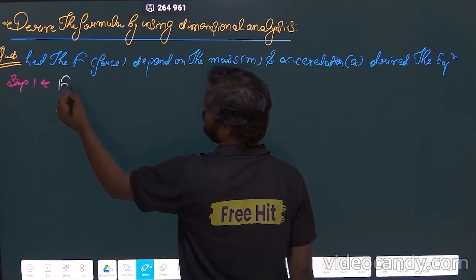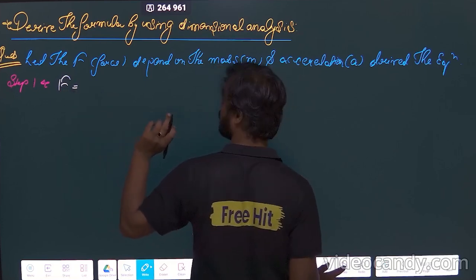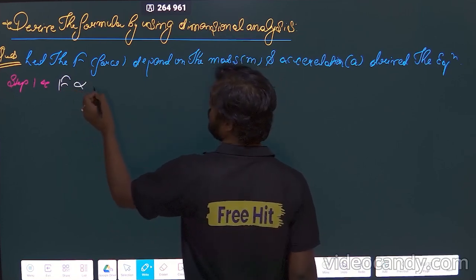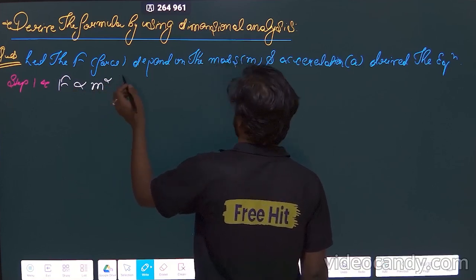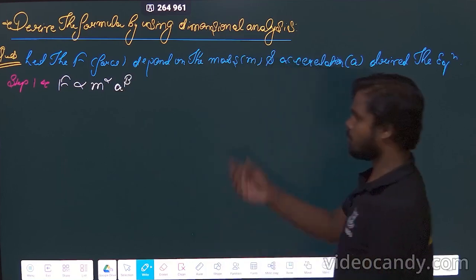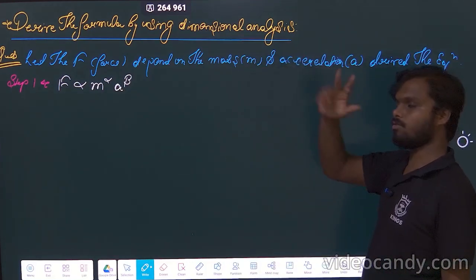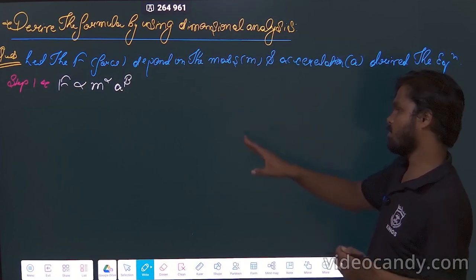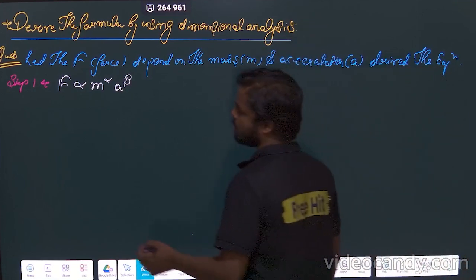Let force be directly proportional to m to the power some alpha, I don't know, and a to the power some beta. Okay, because I don't know what the value can be, it can depend upon m square also, a cube also, anything. For now just write it as m to the power alpha and a to the power beta. Okay, now step 2.